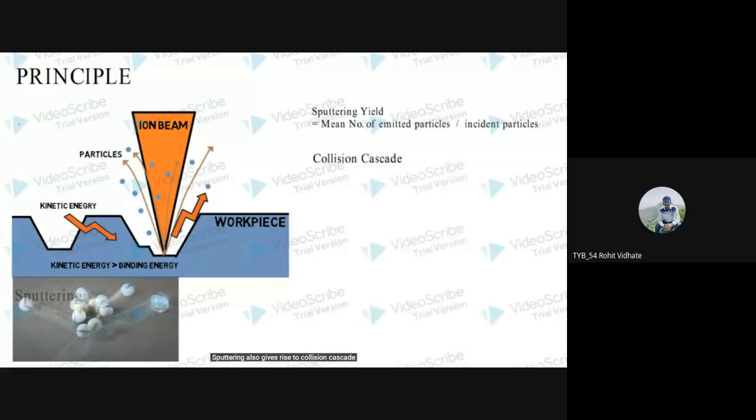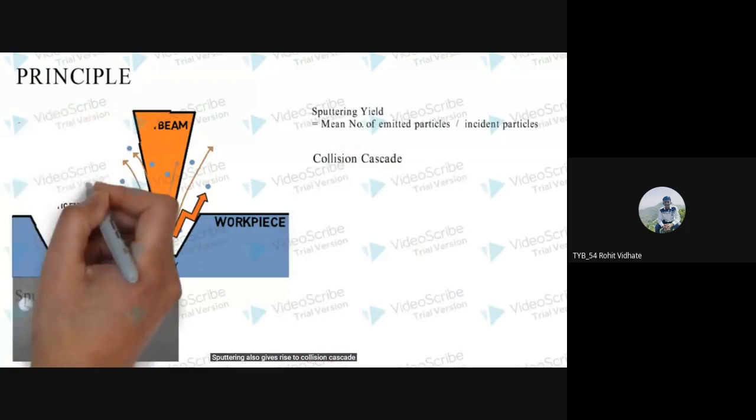Sputtering also gives rise to collision cascade. If an ion incident on the workpiece possesses a higher energy, then it requires kinetic energy. As in sputtering, if this kinetic energy is more than its binding energy, this atom can be emitted out from the workpiece.